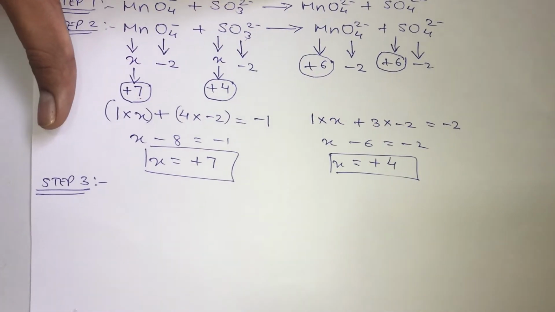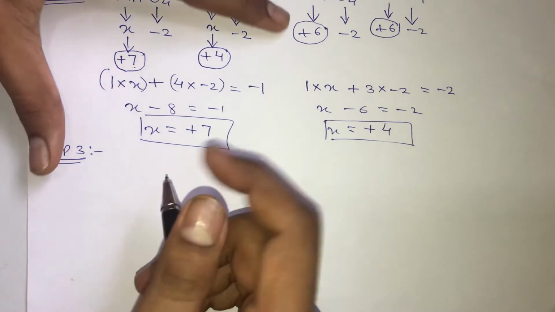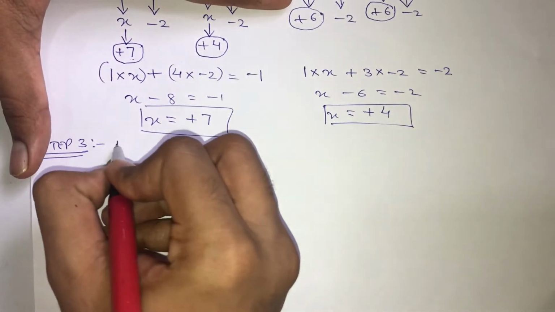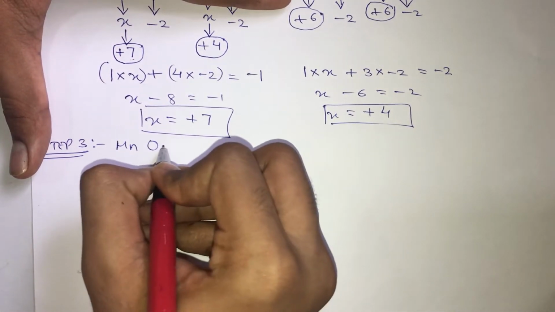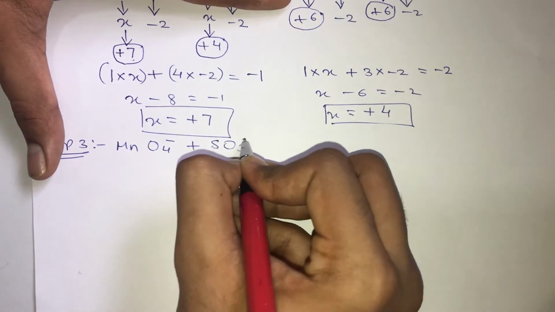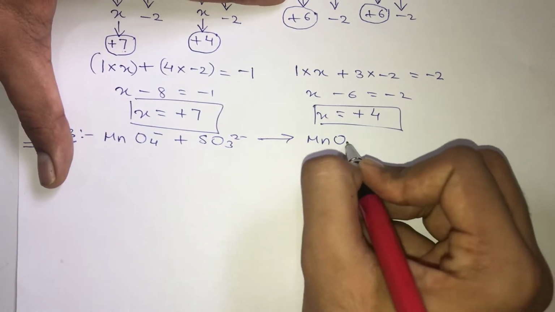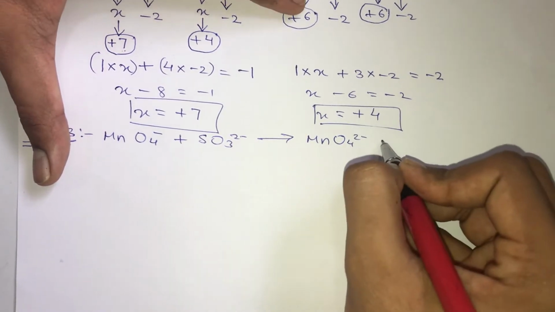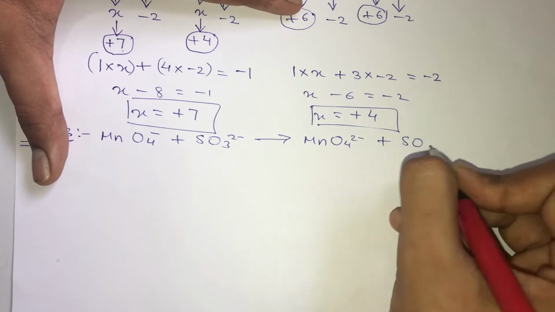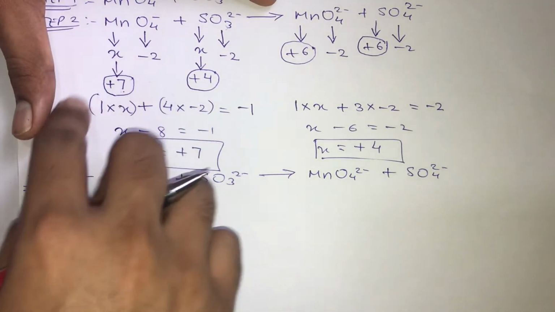Now, guys, let us write the equation once again, because this will give us a clear idea about the equation. So MnO4- plus SO3 2- will give us MnO4 2- plus SO4 2-. So whose oxidation number has changed?